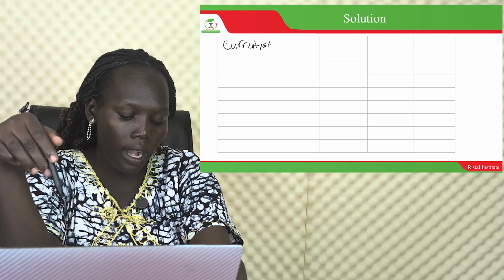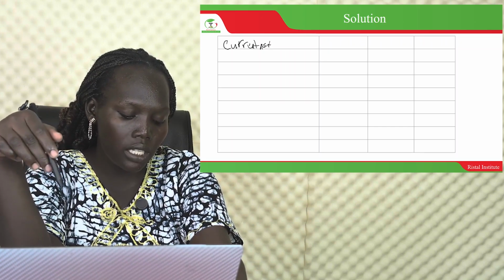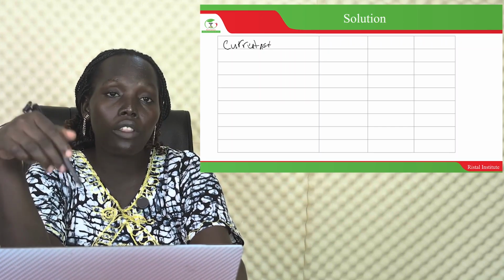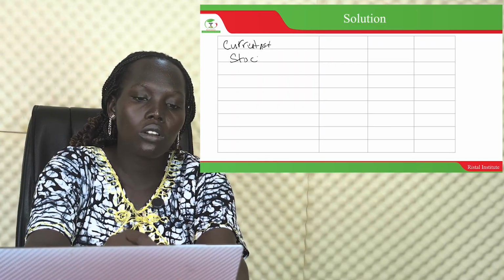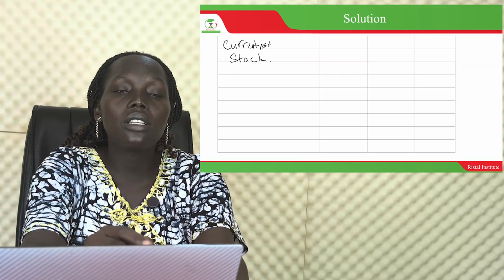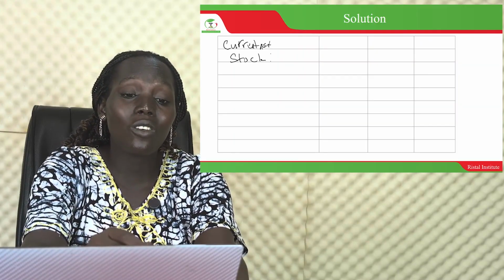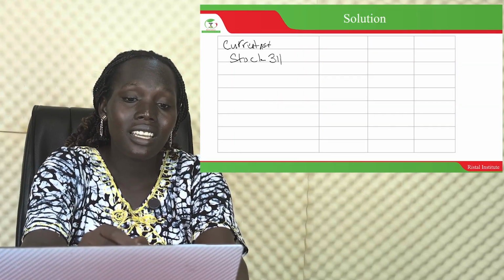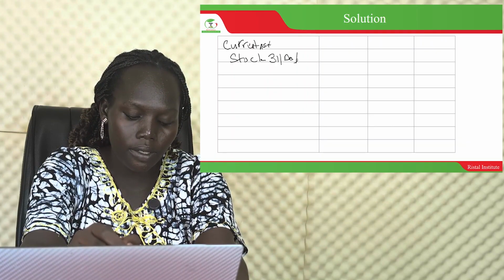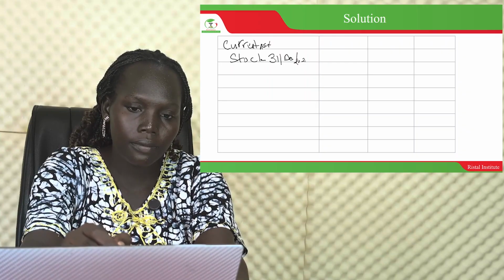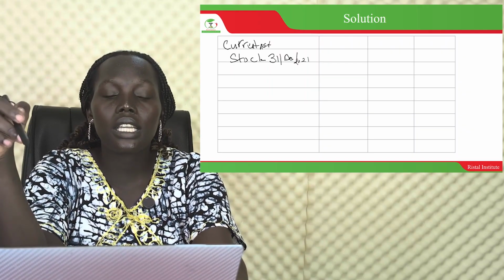So the stock, we have debtors, then we have rent and bank, and you follow that order. So we start with stock. We shall take our closing stock, the one that is 31st December 2021.